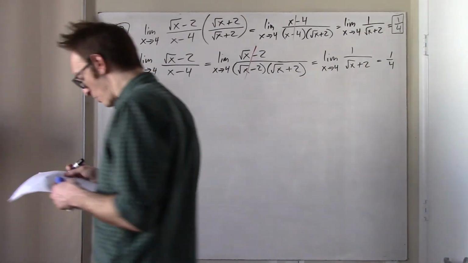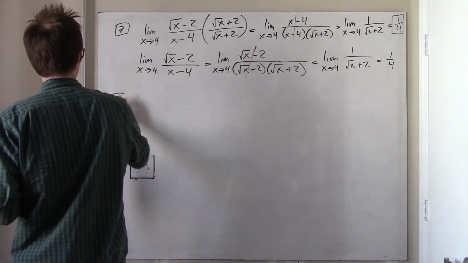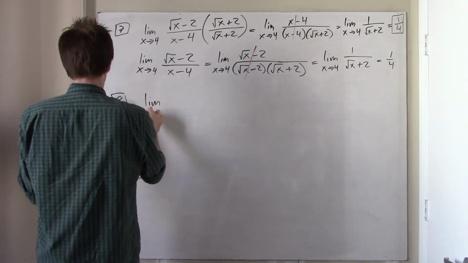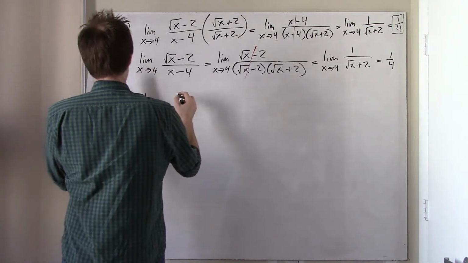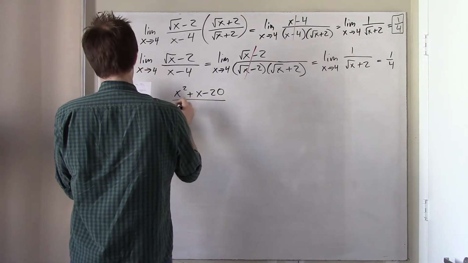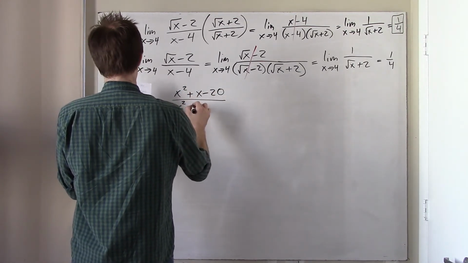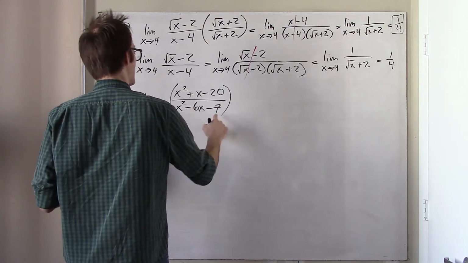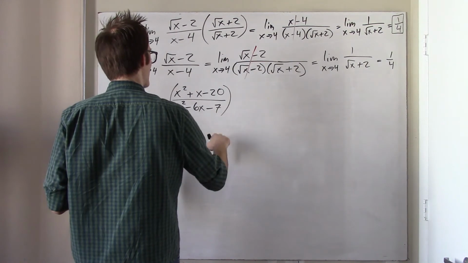Okay, 2 more to go. Number 8. 8 is either a trick or a typo, but here it is: (x squared plus x minus 20) over (x squared minus 6x minus 7). And this problem is kind of begging you to factor it.